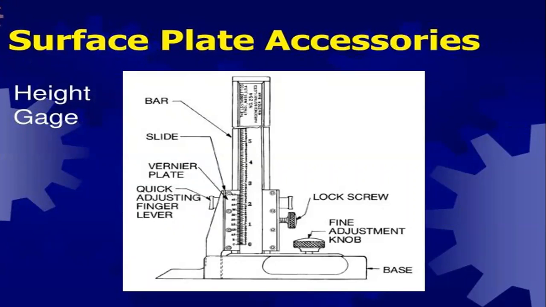And these are the surface plate accessories. It has a vertical bar and a slide over it, and it has a vernier plate attached to the adjusting finger lever.